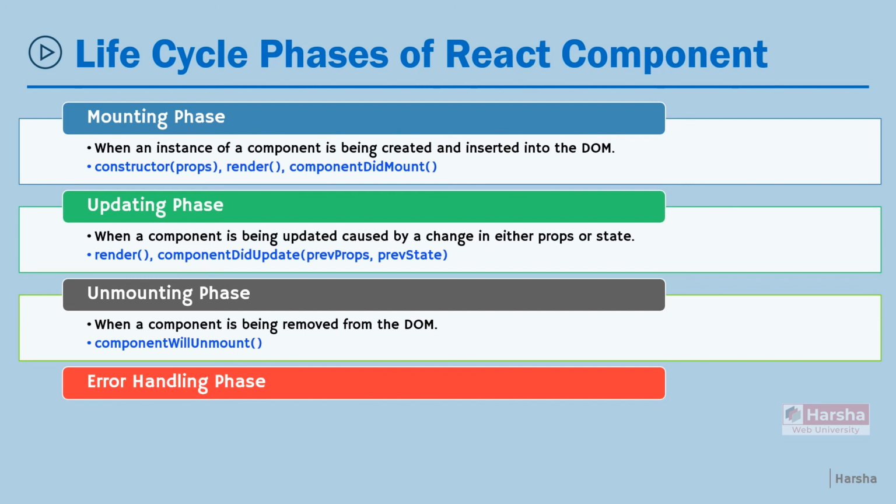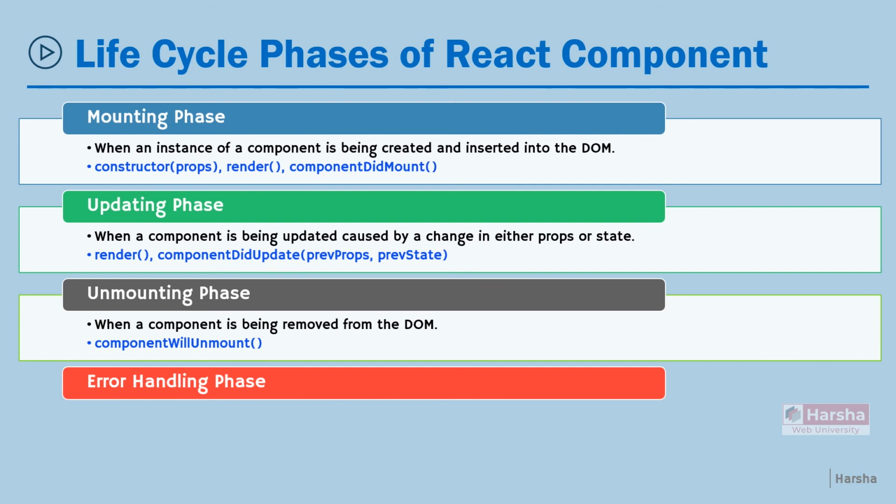In either of these cases, componentWillUnmount will be executed. And you will use this componentWillUnmount method in order to unsubscribe, that means cancel the HTTP requests if any. So overall, you will place your cleanup code to cancel the HTTP requests in this method.